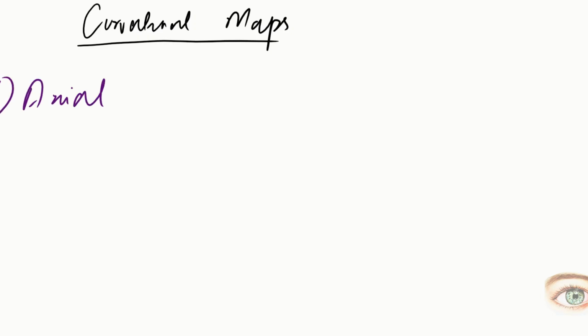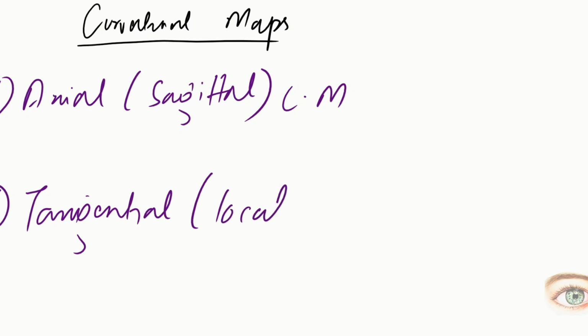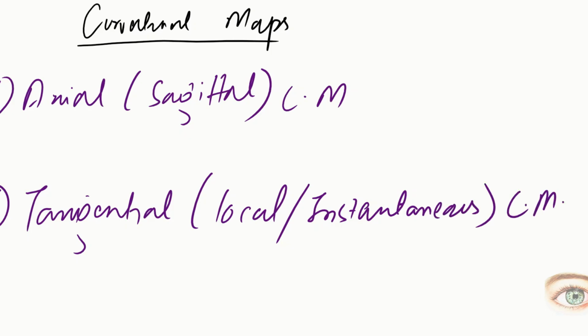How many curvature maps are there? The first one is the axial, also known as the sagittal curvature map, and the second one is the tangential, or the local, also the instantaneous curvature map.